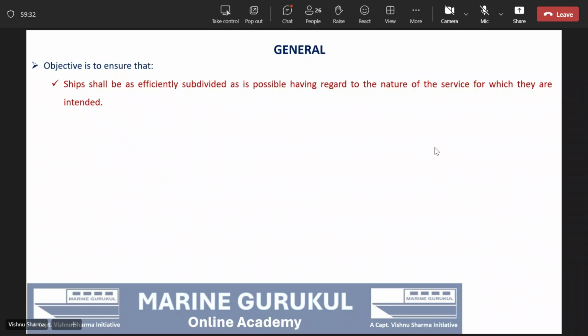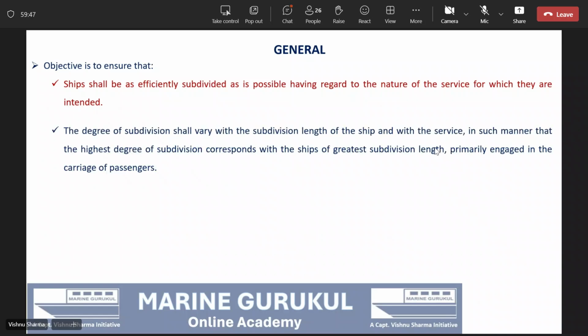So what is the objective? That ships shall be subdivided as efficiently as is possible, having regard to the nature of service. Nature of service means whether it's a passenger ship, a cargo ship, what type of ship it is, for which they are intended. The degree of subdivision shall vary with the subdivision length of the vessel. More you have studied in the bulkheads in phase 1.